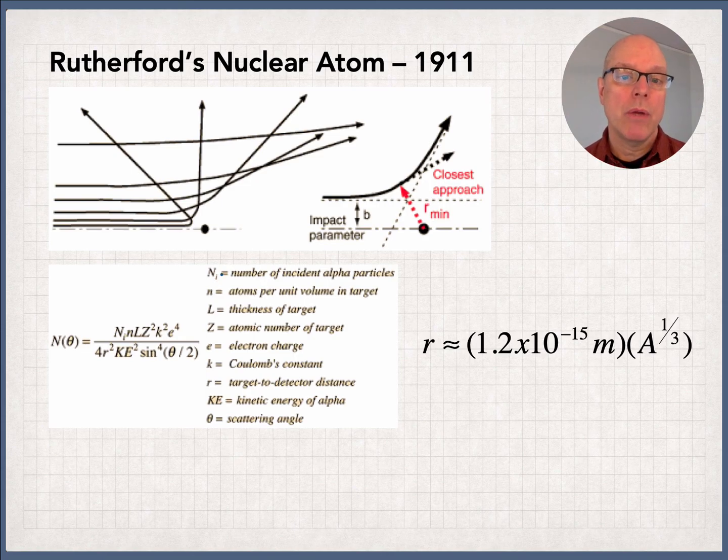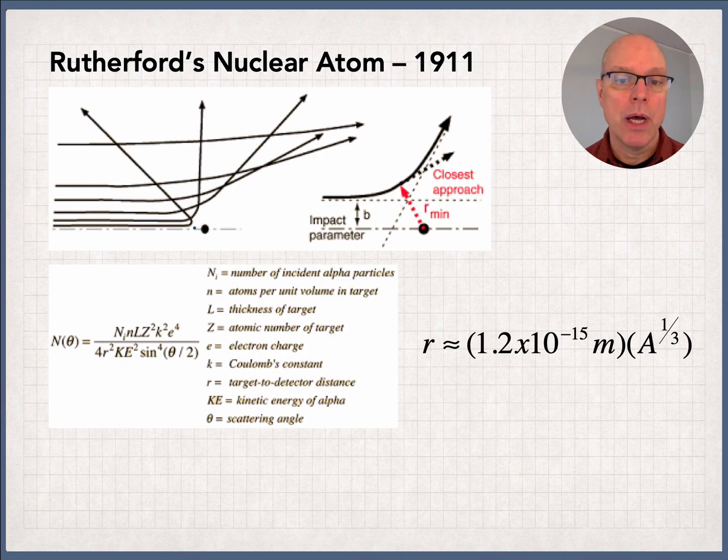What was going on was that we had positively charged alpha particles approaching a positively charged nucleus and then ricocheting. So what's going on here is the Coulomb force. F equals K, Q1 times Q2 over distance squared is the force that's keeping the alpha particle at bay and keeping it from pummeling right through the nucleus.